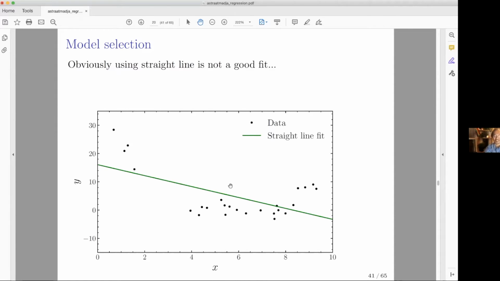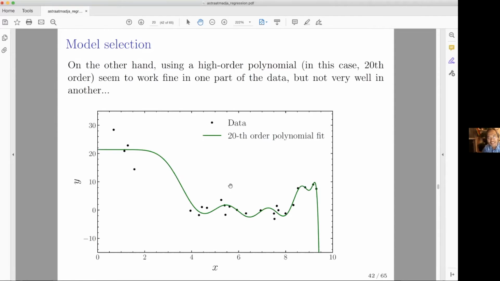But if we fit a 20th order polynomial, the basis function has 20 columns, going from the 0th power in x to the 20th power, and we find the 20 coefficients using this data. It seems to work really well here. Look at this, it's exact. It hit the points exactly.